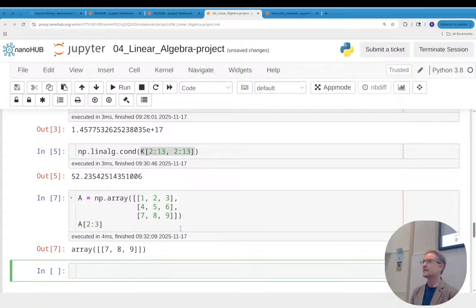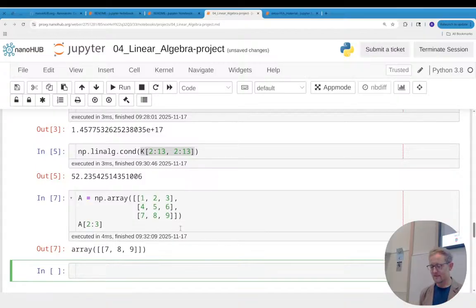7, 8, 9. That's why 6 is afraid of 7. Like, the second right now is 0, 1, 2, and then it's 3.